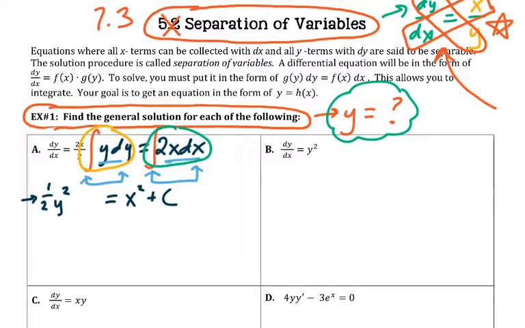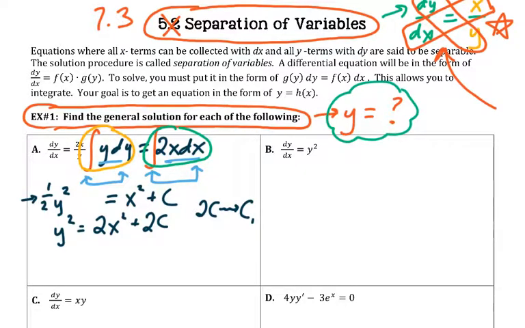Now let's just start solving for y. So by doing some algebra, why don't we multiply everything by 2? Interesting though, I'm going to really multiply this c by 2. It really should be 2c. But if c is a constant, do you guys agree that 2c is just going to give me another new constant?